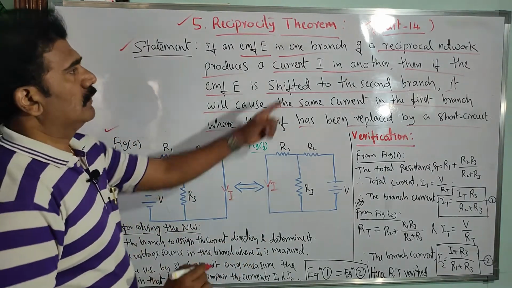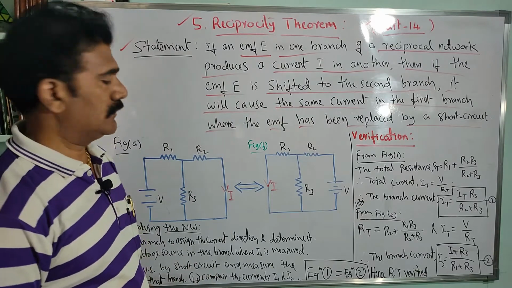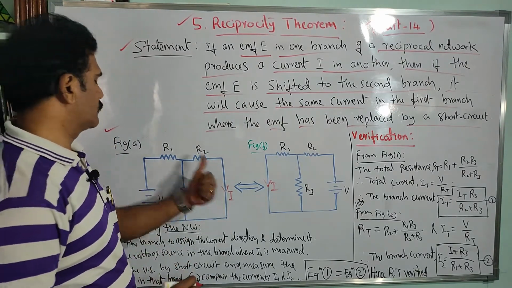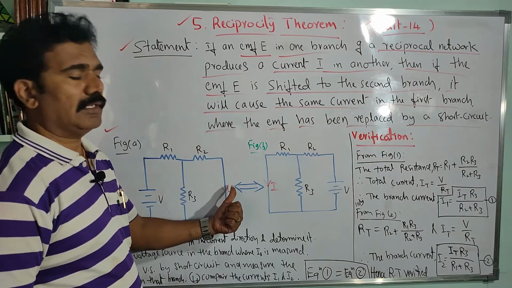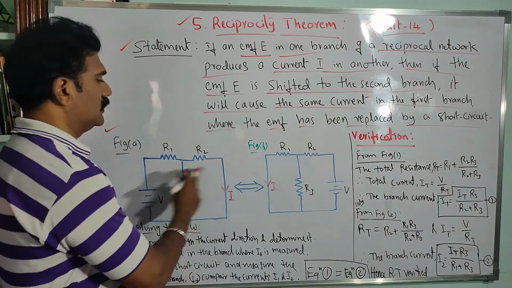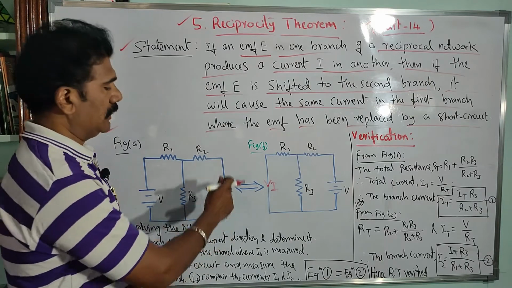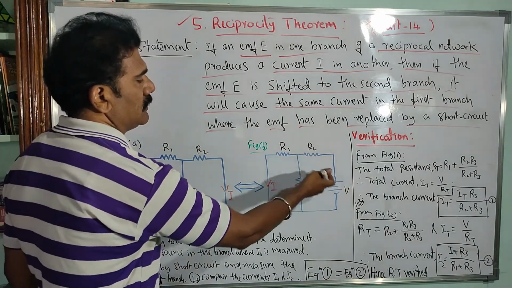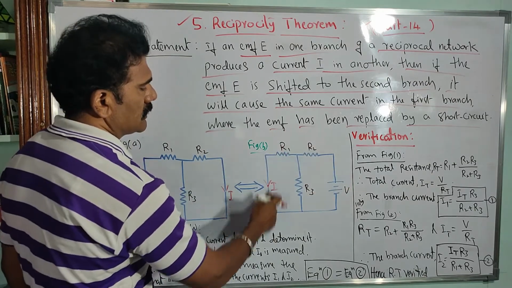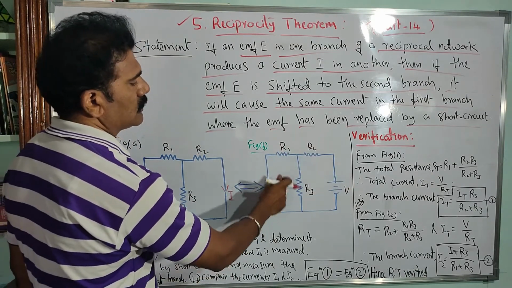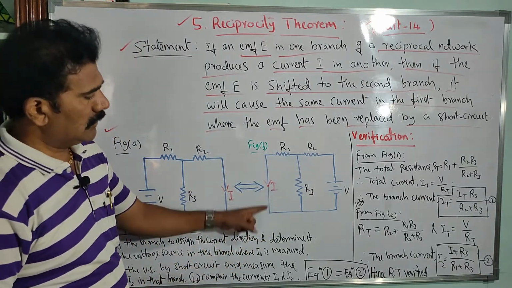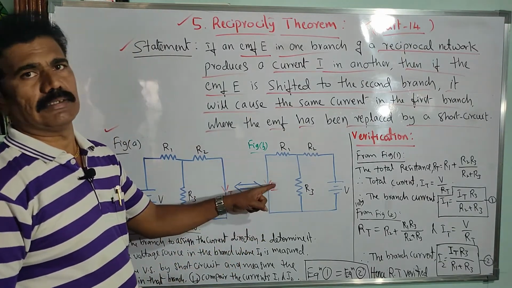Now the statement is very clear. In these two circuits, after shifting the voltage source from one branch to the other, the current produced will be the same. In this case I is measured here, after replacing the voltage source in the other loop. So where the voltage source was present, you can measure the current by short circuiting the two terminals and measuring the current there.